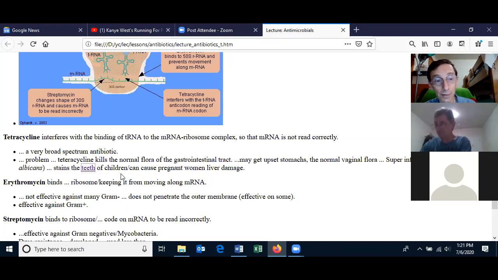My nephew actually took tetracycline as a young child, and he kept getting ear infections. And the doctor told him and his mother, who took him into the doctor when he had an ear infection, that he was a young child when he got the ear infection. And the doctor said, okay, I'm going to give you tetracycline this time, and that's going to stain your teeth.